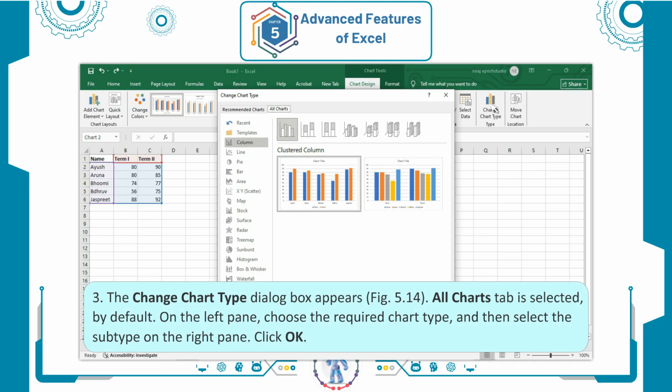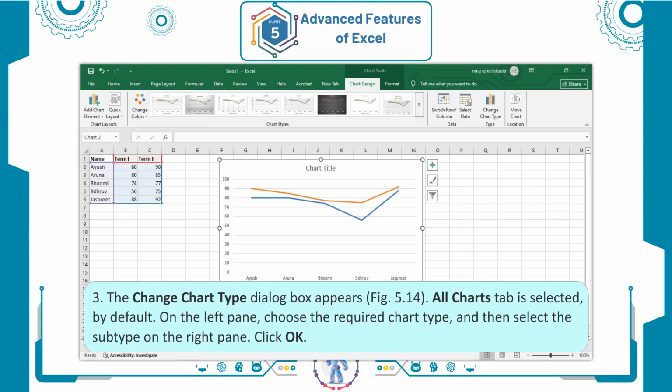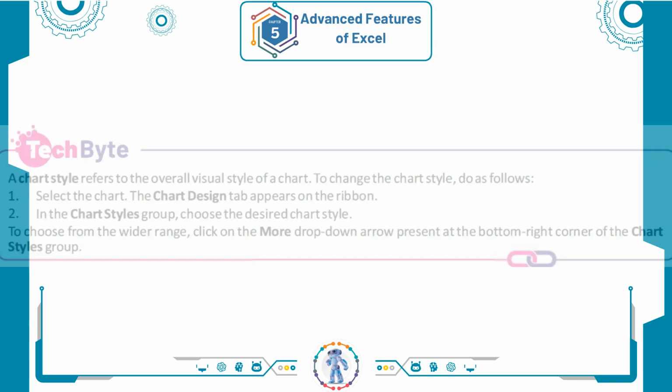The Change Chart Type dialog box appears. Fig. 5.14. The All Charts tab is selected by default. On the left pane, choose the required chart type and then select the subtype on the right pane. Click OK. Observe the chart type changes accordingly.